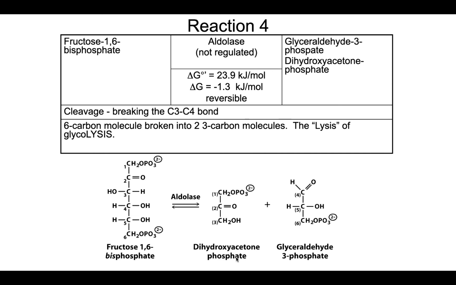Now we can use that name to deduce or derive what the structure is going to be. We know it has 3 carbons, so we draw 1 carbon, 2 carbon, 3 carbons. We know carbon number 1 right here is phosphorylated, so that's easy as well. And now let's read the name, dihydroxy. Okay, dihydroxy, meaning we have a hydroxyl group here.